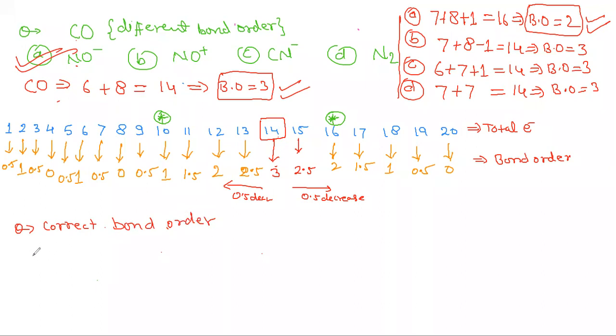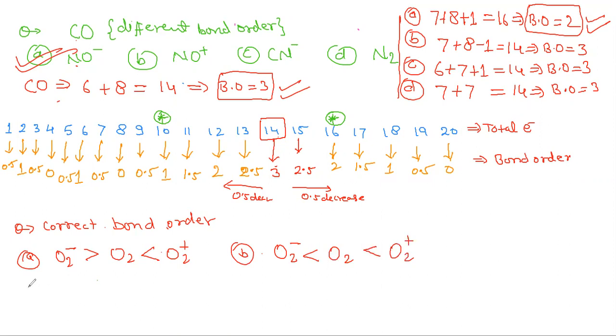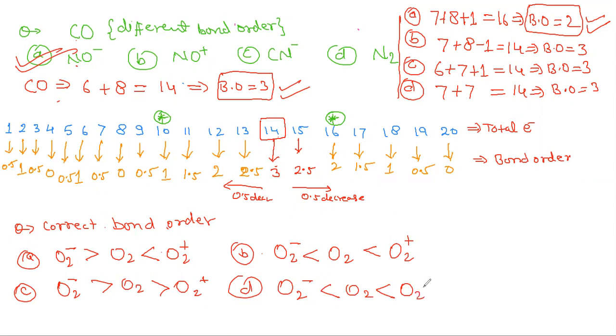Option A is O2 negative greater than O2 less than O2 positive. B option is given here: O2 negative, O2 and then O2 positive. C option: O2 negative, O2, O2 positive. D option: O2 negative, O2 and O2 positive.